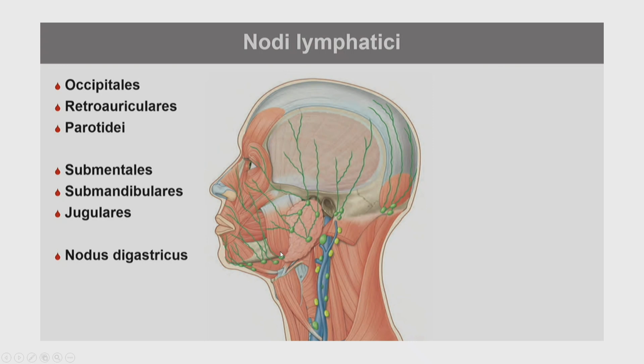And you have the submandibular lymph nodes here, the submental lymph nodes here, and a very important group of lymph nodes that run parallel with the jugular veins.